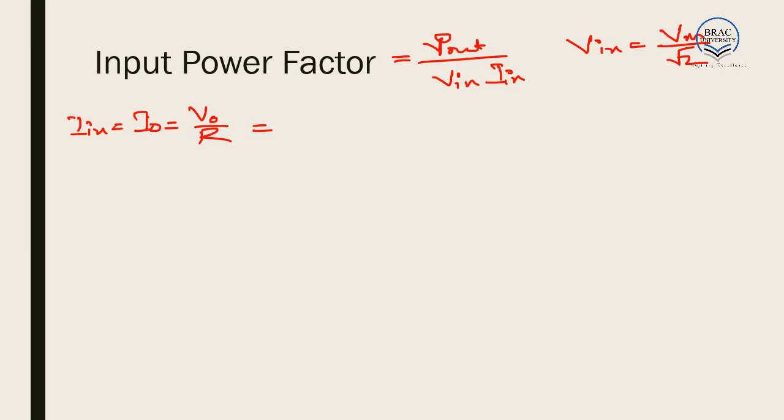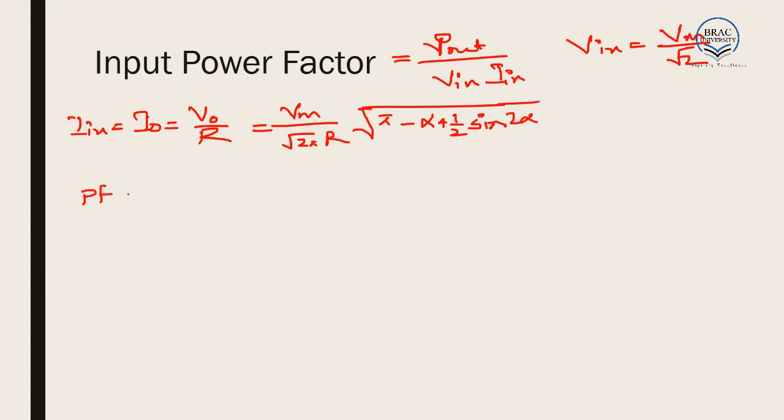Then V out by R becomes Vm divided by root over 2 pi R, root of pi minus alpha plus half sine twice alpha. If that is the case, in the output we get V naught square divided by R. In the input, V input is equal to Vm by root 2 and I input is equal to V naught by R.